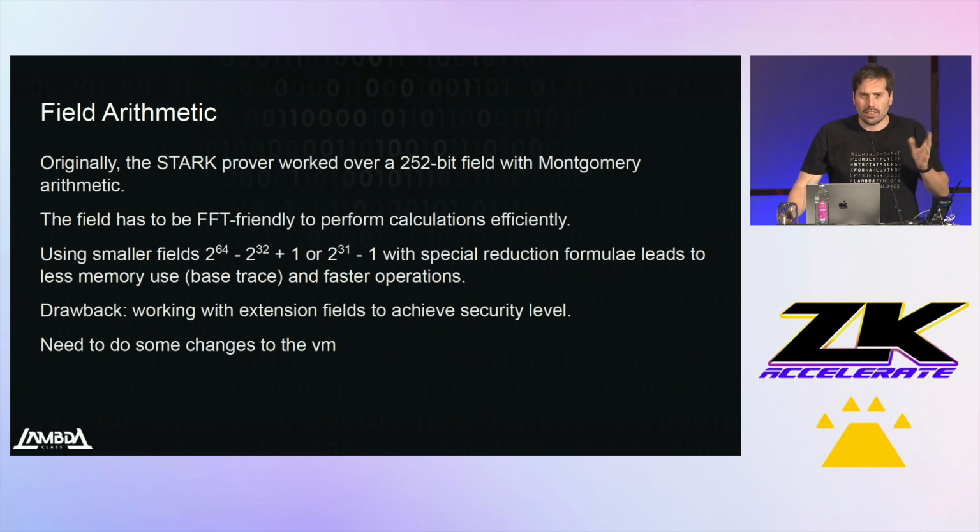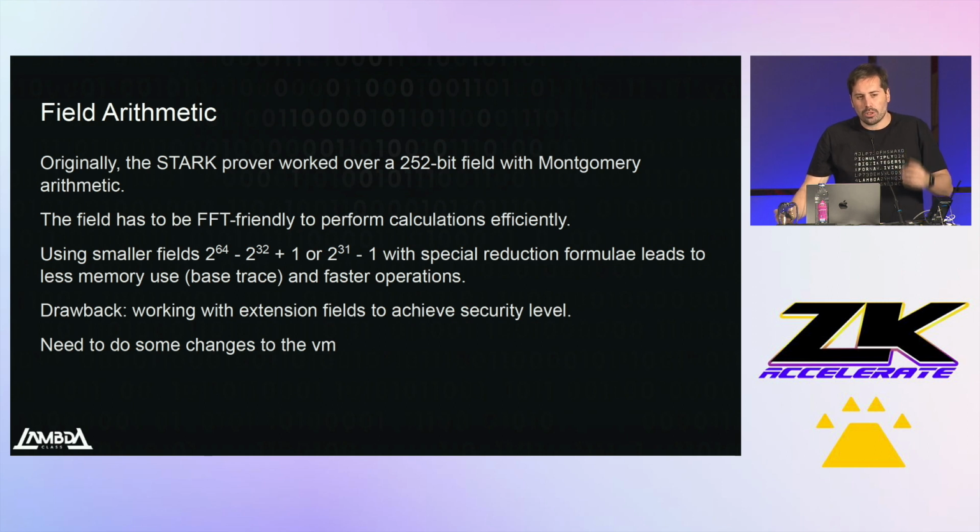So of course, this does not give us enough freedom to choose maybe other types of fields. But right now, the idea is using smaller fields such as Mini Goldilocks or Mersenne primes, which have special reduction formulae. And that way, we can compute everything faster and also use less memory, especially when we try to represent things in the VM with a field element.